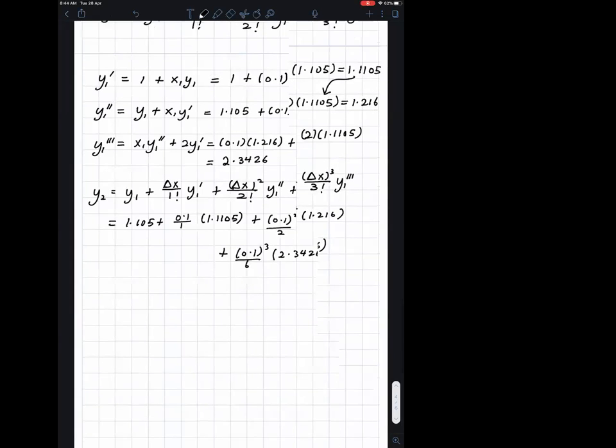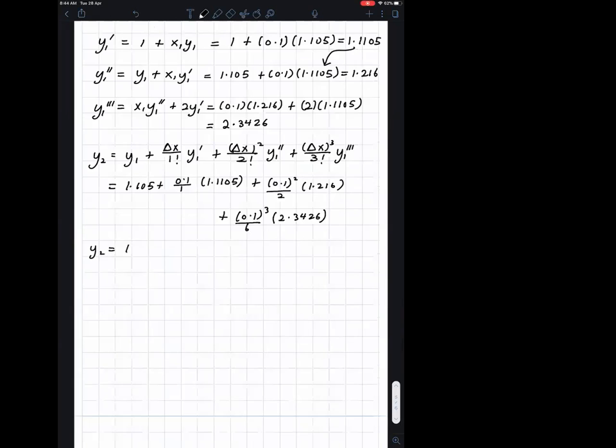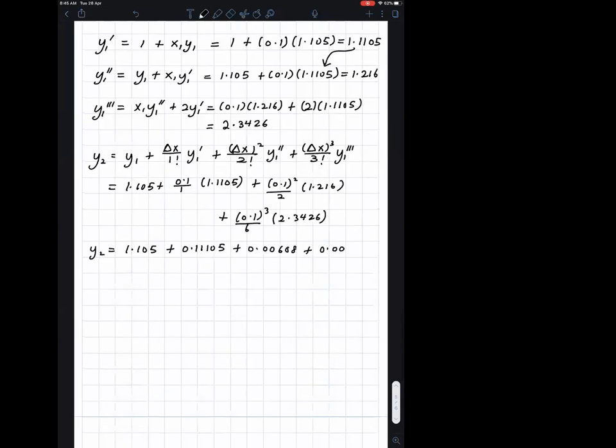If we punch it in, you'll get 1.105 plus 0.11105 plus 0.00608 plus 0.00039.